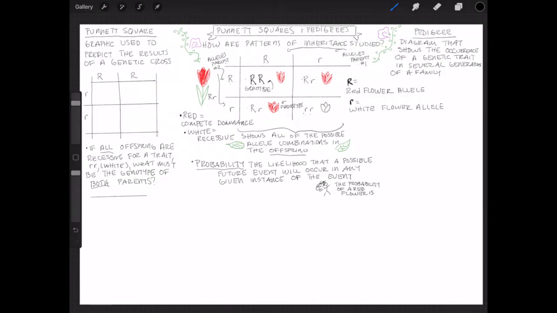If I look up at my Punnett square right here, what is the probability that I'm going to get a red flower? 3 to 4, right? 3 out of 4 of those flowers are red. So 3 out of 4 or 75%.